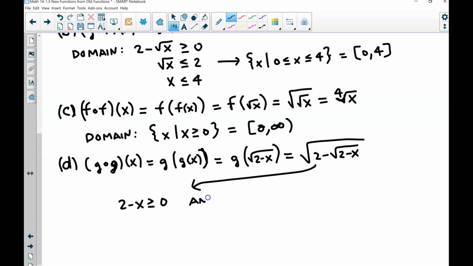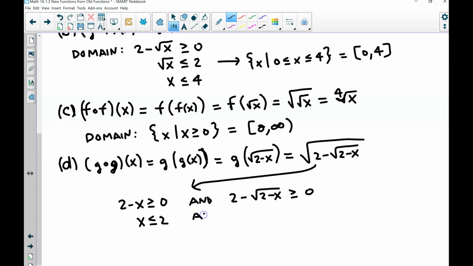And we also have what's entirely under the radical, 2 minus the square root of 2 minus x, and that also has to be greater than or equal to 0. So the first inequality, if we solve for x, subtract 2 from both sides, and divide by a negative, then we would flip the inequality to get x is less than or equal to 2.